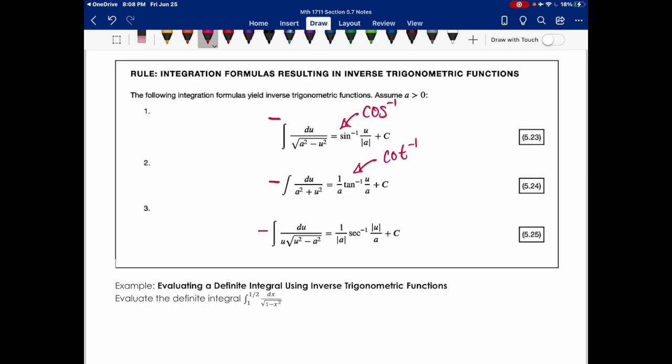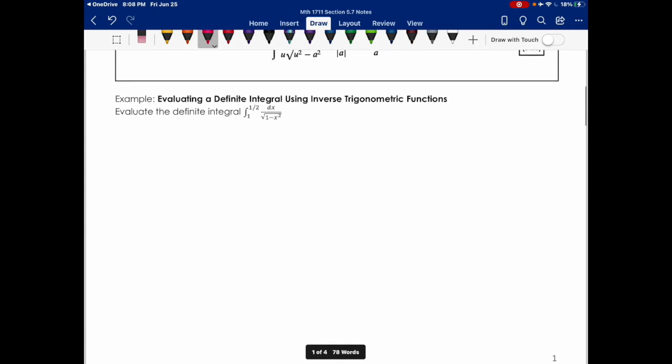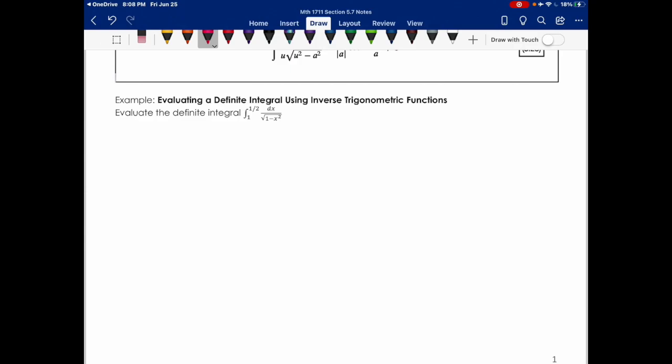If I put a negative in front of that integral, that's going to give me the same formula but with inverse cotangent. And if I put a negative in front of this integral, then that's going to result in inverse cosecant. So for the integrals 1, 2, and 3 in this box, all you have to do is put negatives in front of them, and then you get the other 3 antiderivatives of the inverse trig functions. So just keep that in mind.